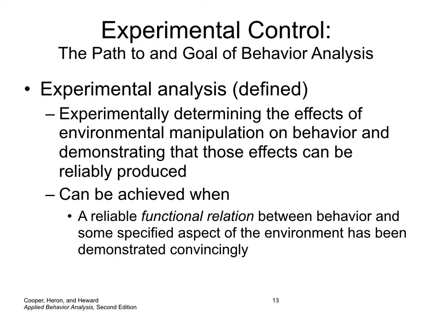Experimental analyses are conducted to investigate the changes in behavior in relation to environmental events. Experimental control is achieved when a predictable change in the dependent variable, which is the behavior of interest, can be reliably produced by systematic changes in the independent variable, which is the environmental events or intervention you have.